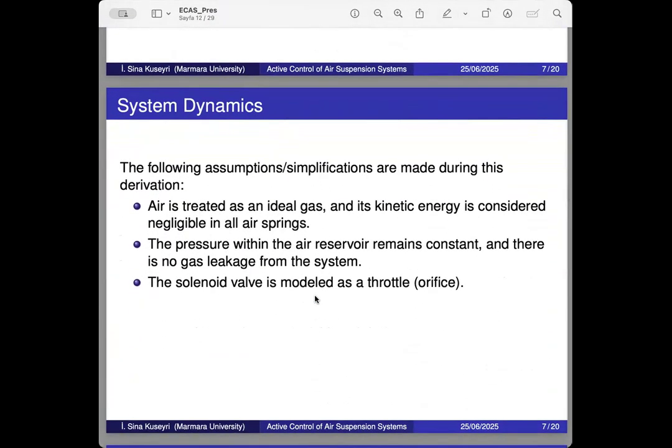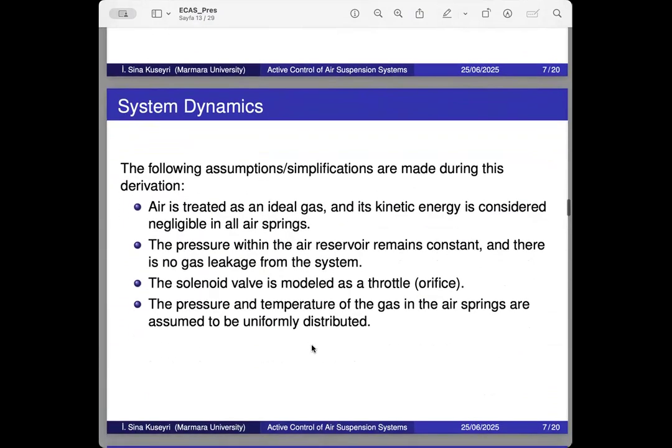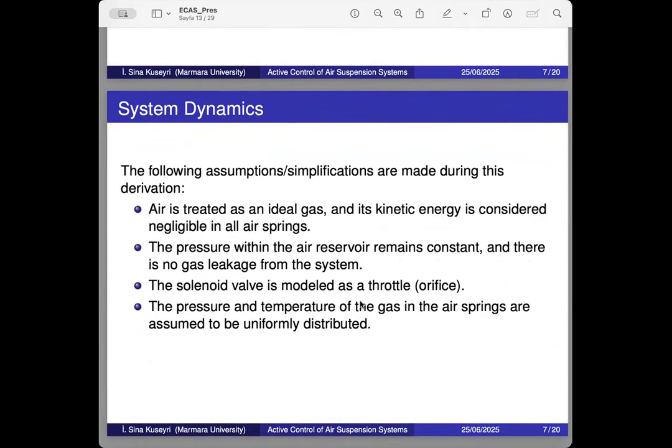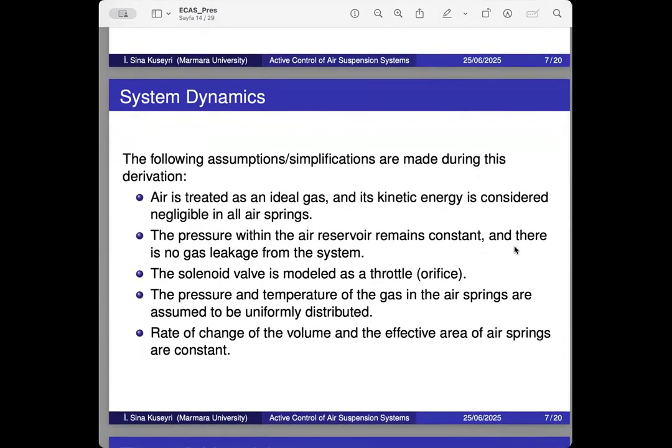The solenoid valve is modeled as a throttle, actually an orifice. The pressure and temperature of the gas in the air springs are assumed to be uniformly distributed. The rate of change of the volume and the effective area of the springs are constant.